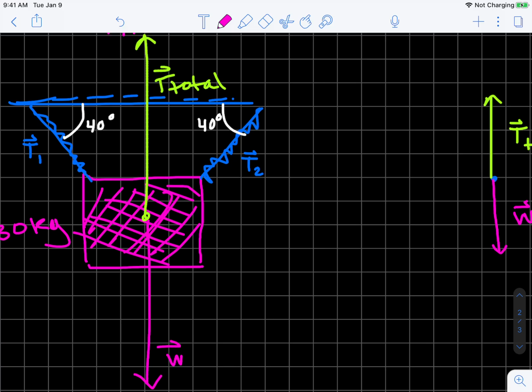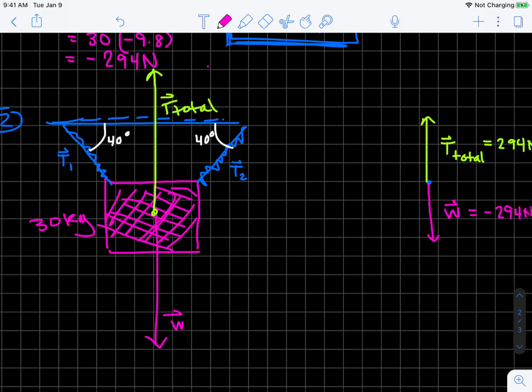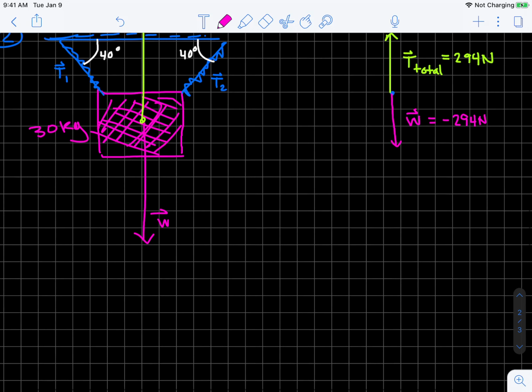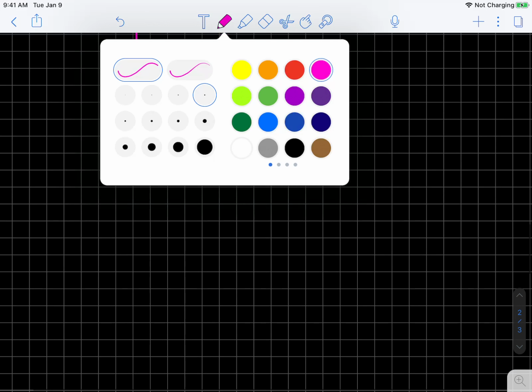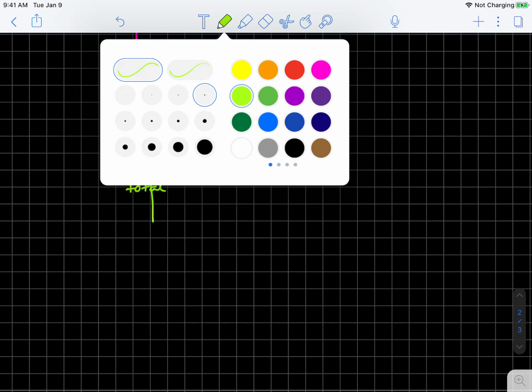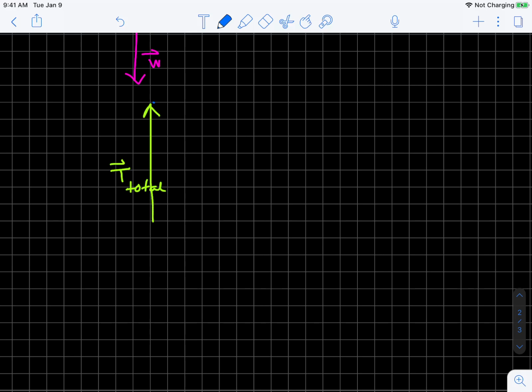But how do I calculate the tension on each chain? Well, I'm going to go ahead and draw a separate picture where I have just my tensions. And this tension total is actually a combination of the two.